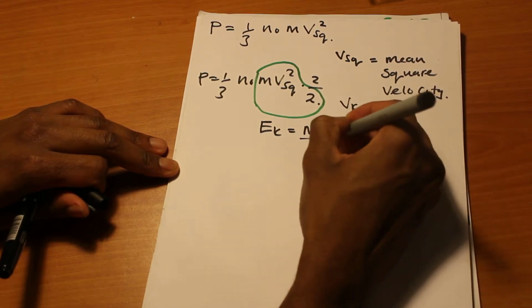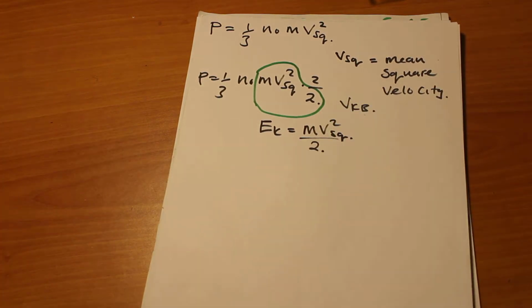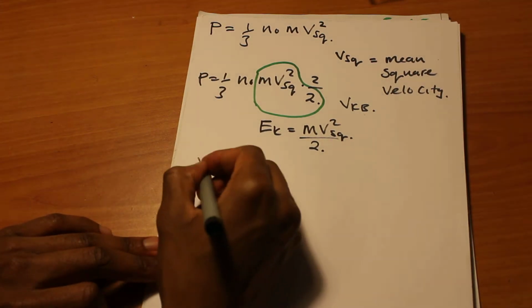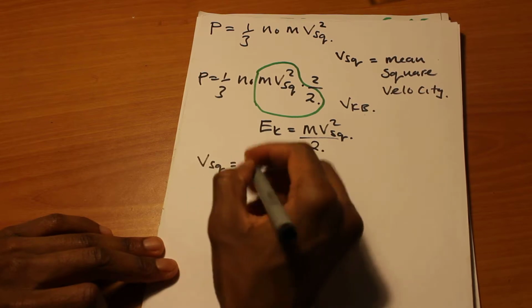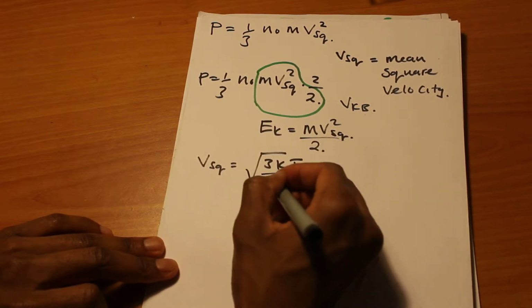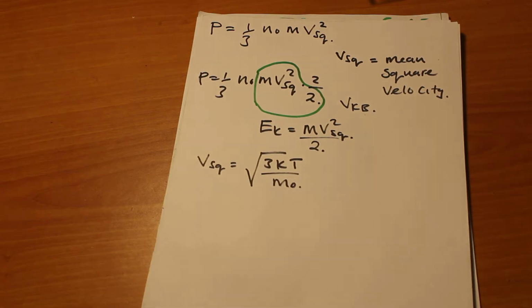And then this mean square velocity is calculated using the formula v is equal to the square root of 3 multiplied by the Boltzmann constant over the mass.